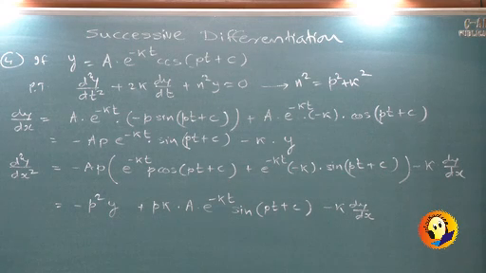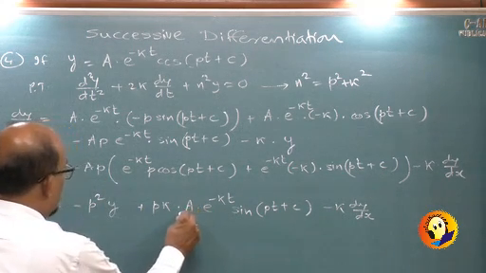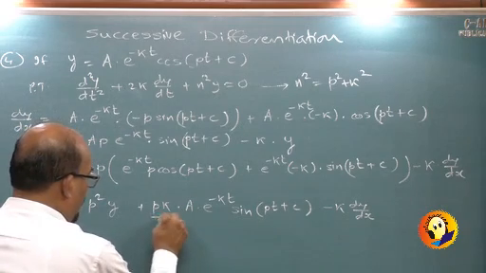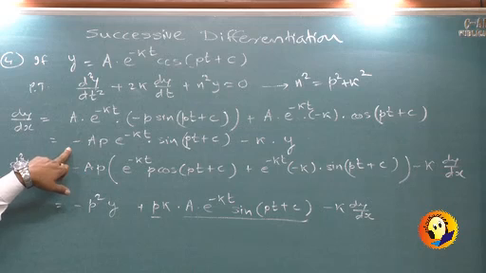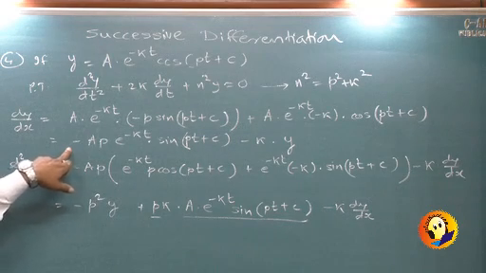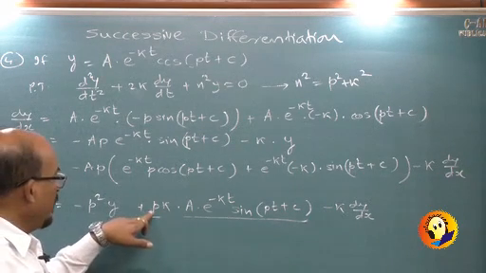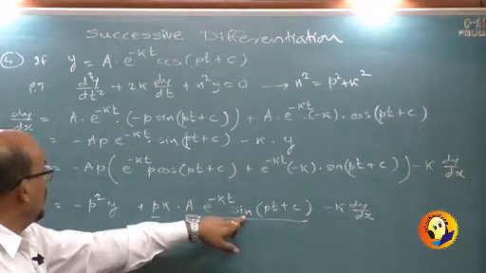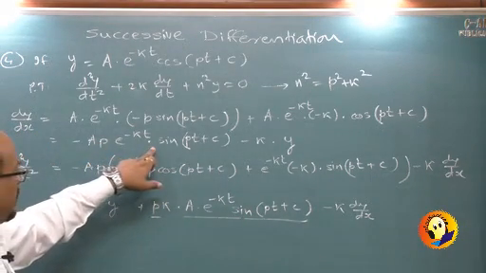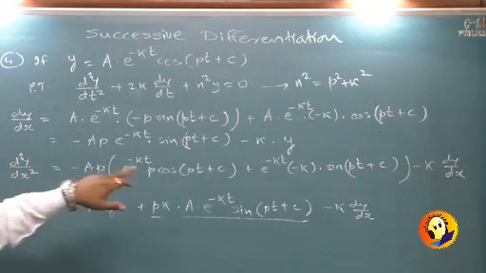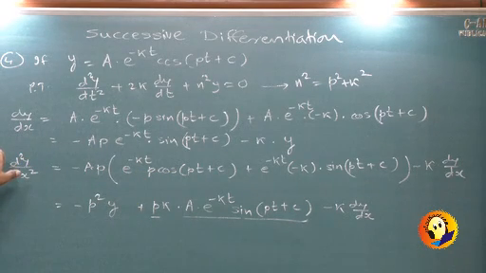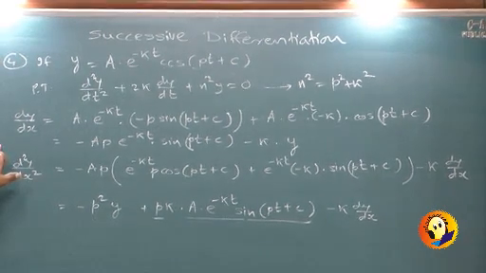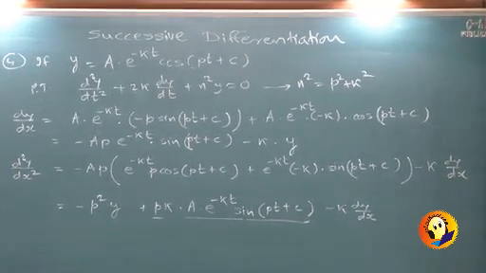And so what we do is we will substitute this thing from here. It will be ap e raised to minus kt sine of pt plus c. So ap e raised to minus kt sine of pt plus c will be substituted. This is to be taken on the right hand side, to be substituted as minus dy by dx minus ky.